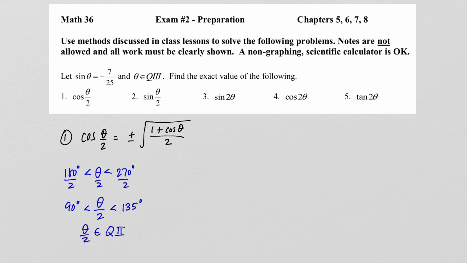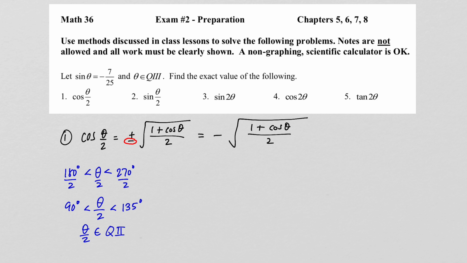So now that we know that theta over 2 is in the second quadrant, in that second quadrant, cosine is a negative value. So we are going to choose negative. From here, we know that the answer is going to be negative square root of 1 plus cosine of theta over 2.